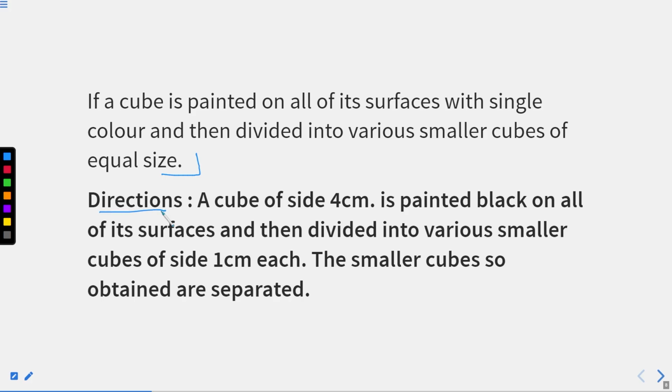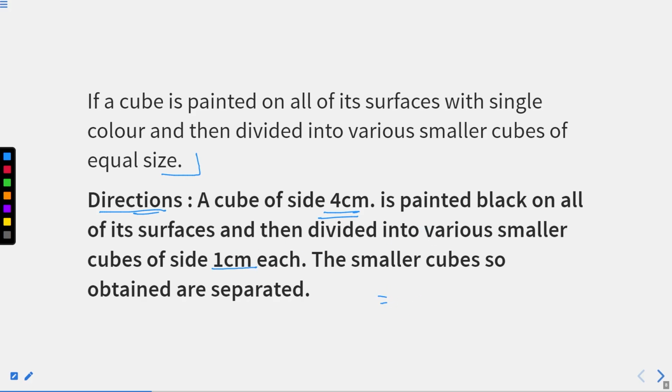Here is the question: a cube is of 4 centimeter. The bigger cube is painted black on all of its surface and then divided into various smaller cubes of 1 centimeter.